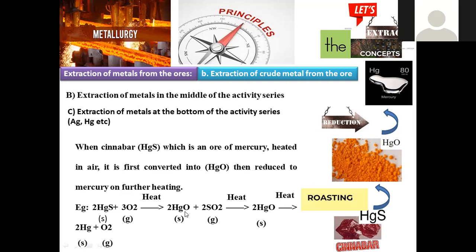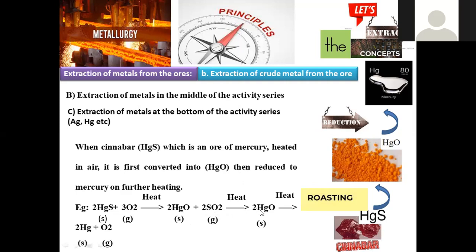is converted into mercury oxide, along with sulfur dioxide generated in gaseous form. This is simply denoted as a combustion process. So heat will be absorbed and sulfur dioxide will be liberated. Still, we continue the process.